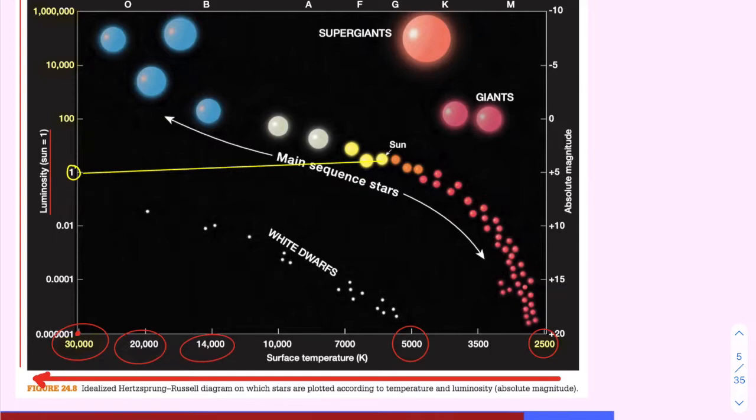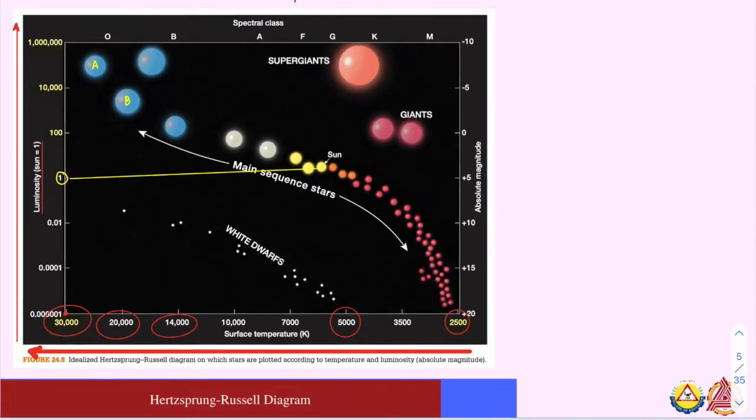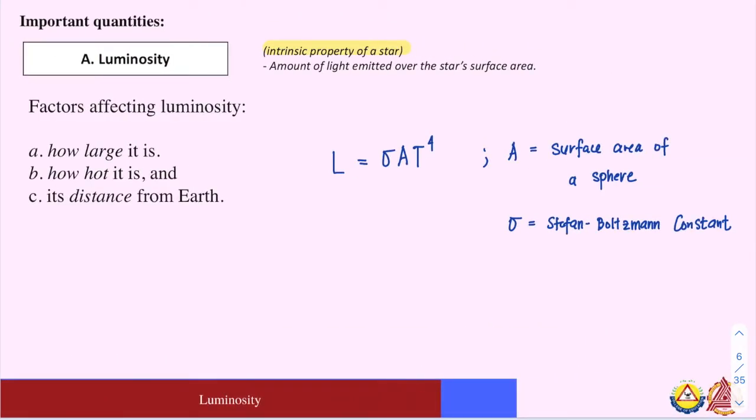Meaning, if you are trying to compare the luminosity, for example, of this star A here, or let's say star B, you could just compare that luminosity with the sun. And later, you will get to understand kasi pasabot tag luminosity. So basically, this Hertzsprung-Russell diagram, particularly the luminosity, is plotted in this manner for ease of comparison relative to the sun. Okay? So these are some of the important quantities that you have to understand.